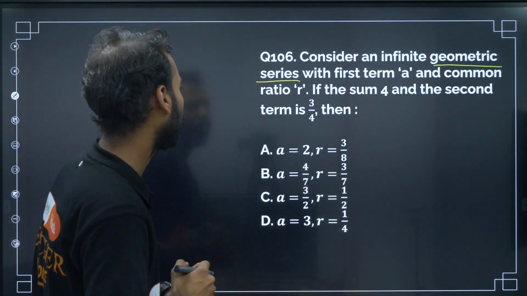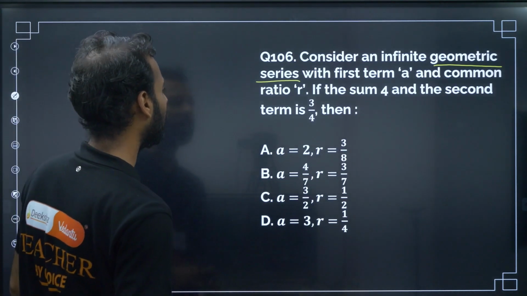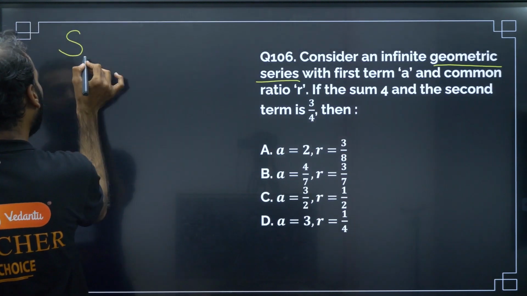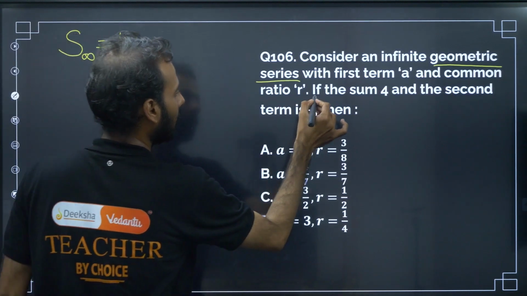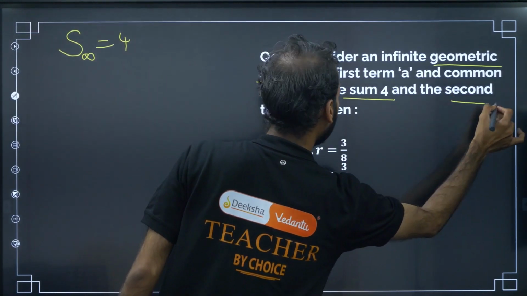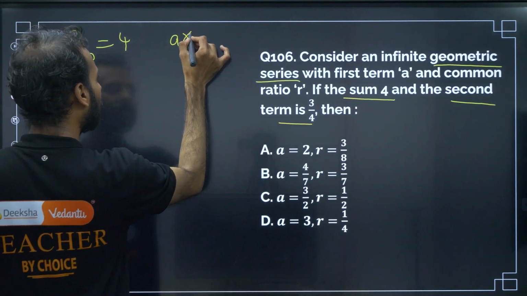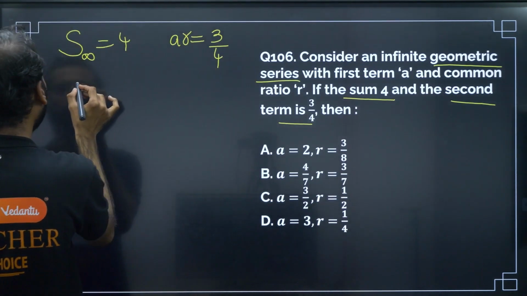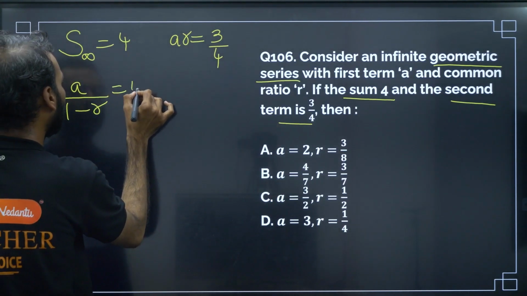If the sum is 4, that is, the infinite geometric series sum S infinity is 4, and the second term is 3 by 4. Try to recall in sequence and series, the second term is ar, which is 3 by 4. The S infinity formula: a by 1 minus r is equal to 4.